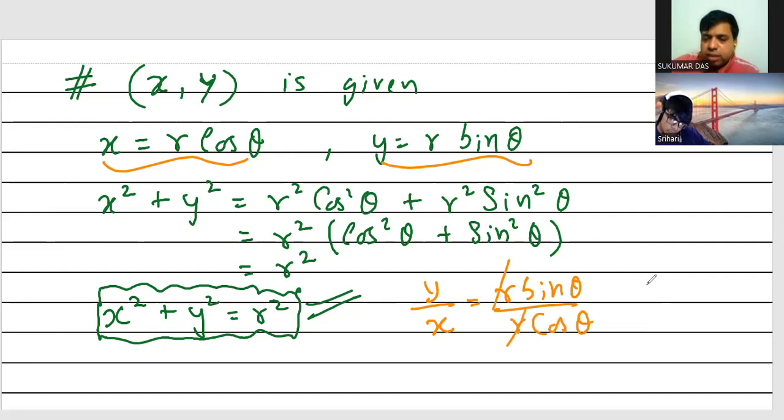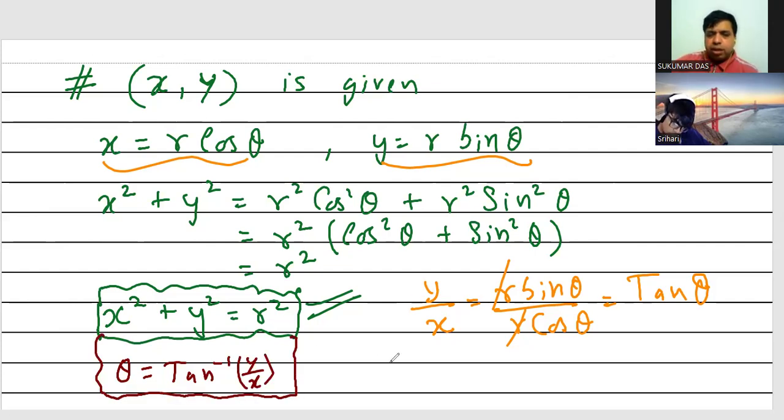So r will cancel out and you will get tan theta. So from here we will get theta also. We will write theta is equal to tan inverse y over x. By using this formula, we will get theta. That's what we need. x, y is given and we need r, theta. So we will use these two expressions to find r and theta.